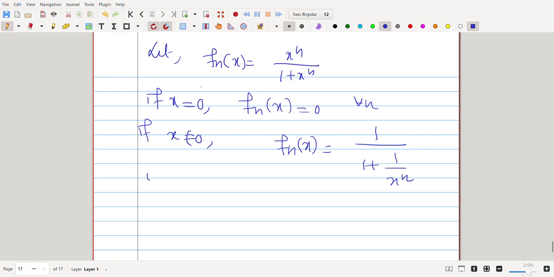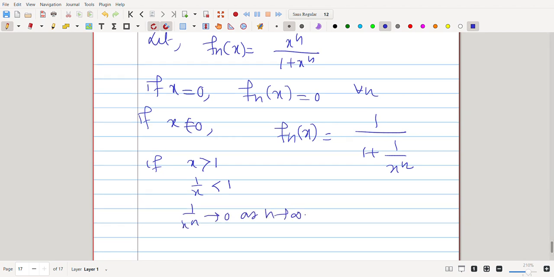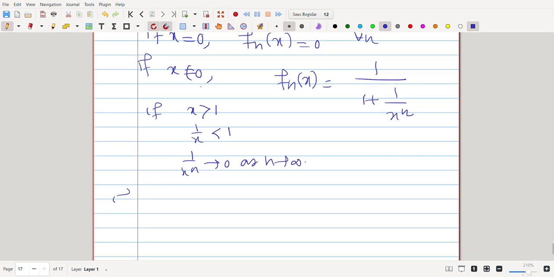Now if x greater than 1, okay, then 1 by x less than 1, then 1 by x to the n tends to 0 as n tends to infinity. And if x less than 1, okay, then x to the n tends to 0 as n tends to infinity.